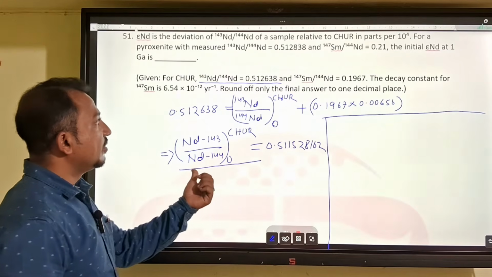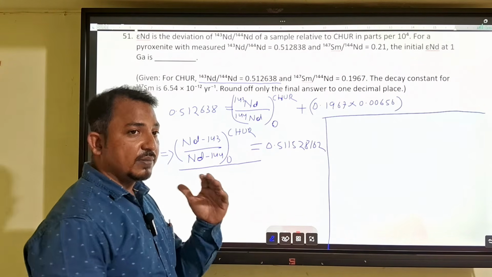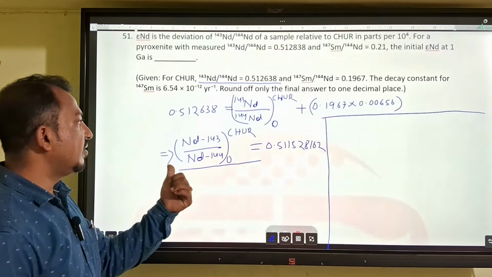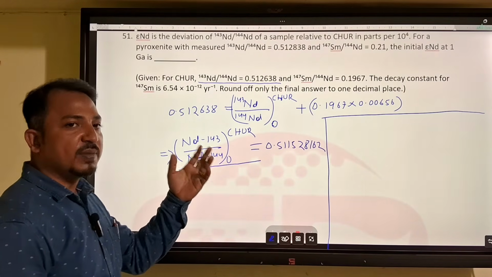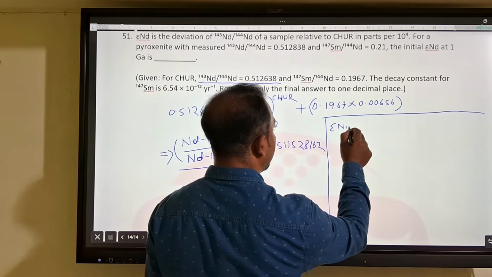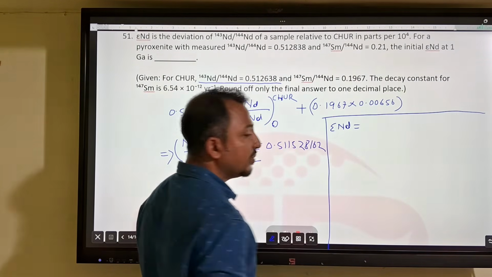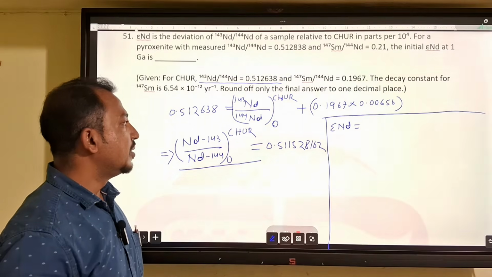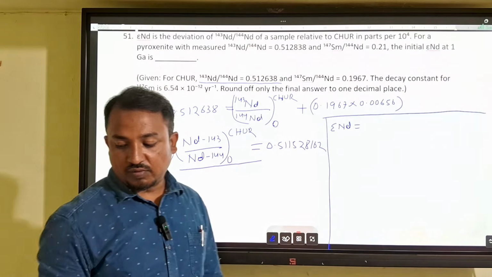Now we have both initial values of Nd 143 by Nd 144, for pyroxene and chondrite. Now we'll apply the formula. So epsilon Nd will be sample by standard minus 1, into 10 to the power 4.